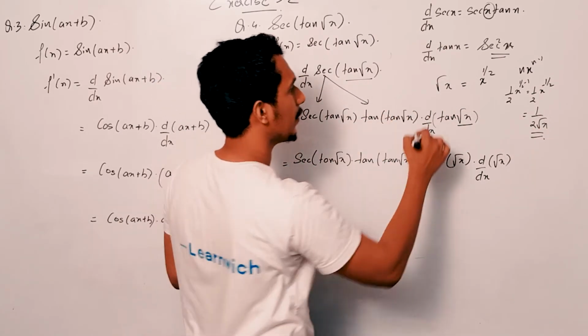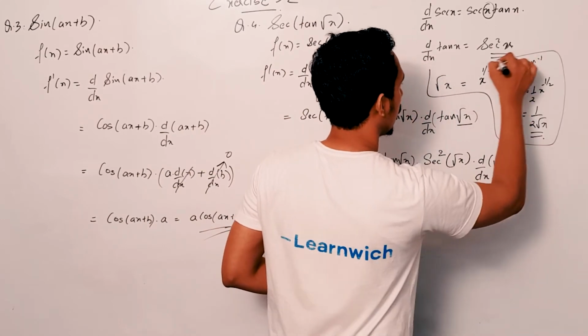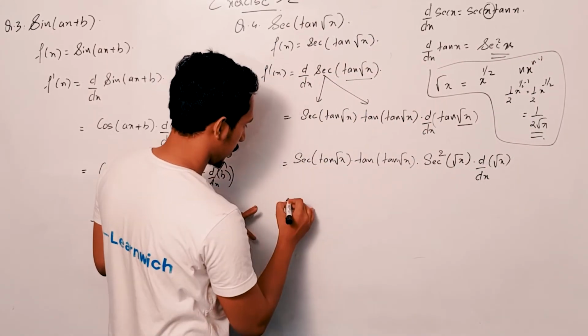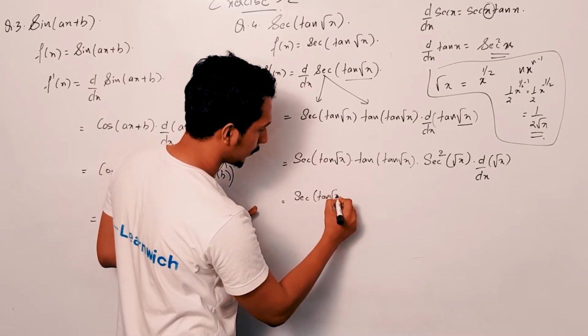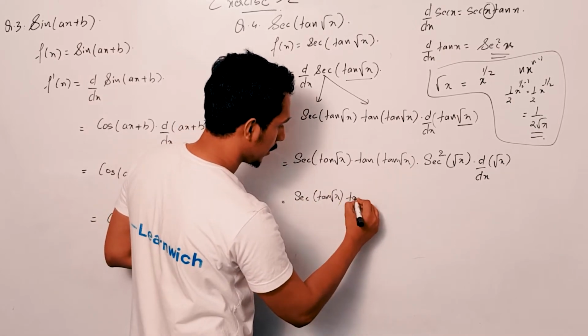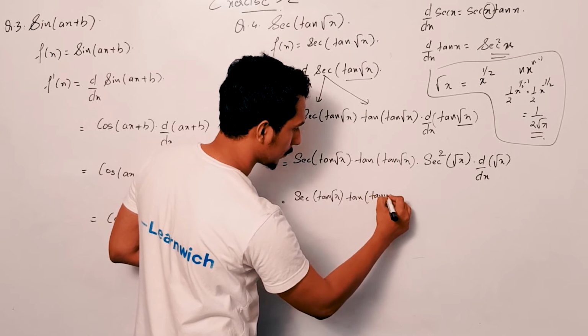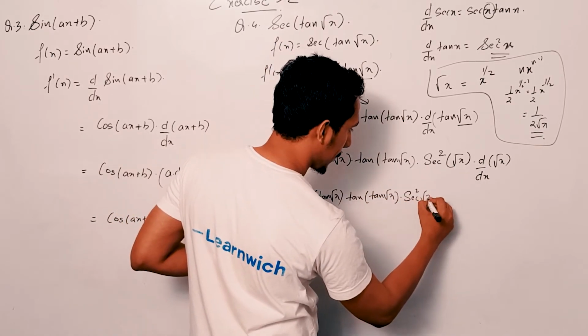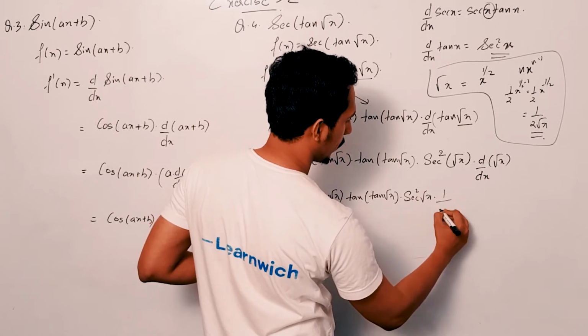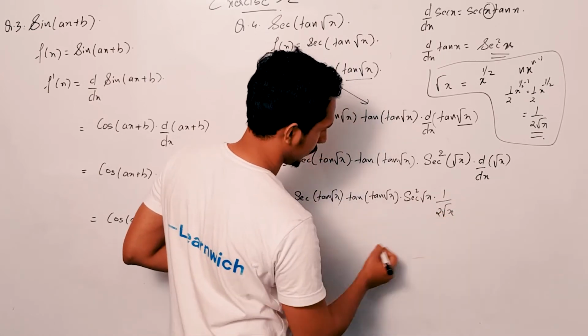That is the derivative of root x that we'll apply here. So you get sec of tan root x, tan of tan root x, sec square root x into 1 by 2 root x.